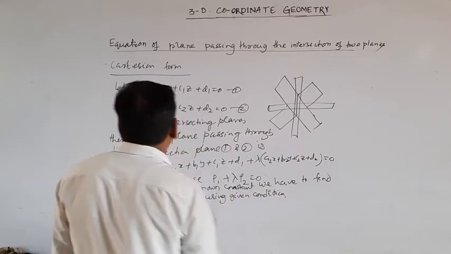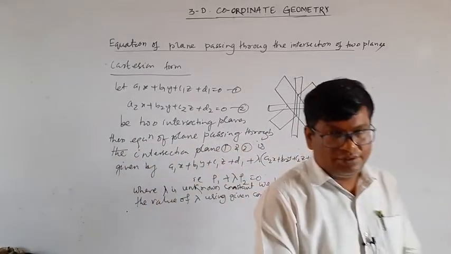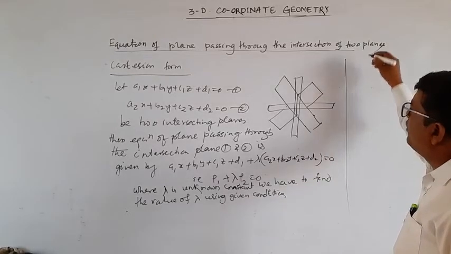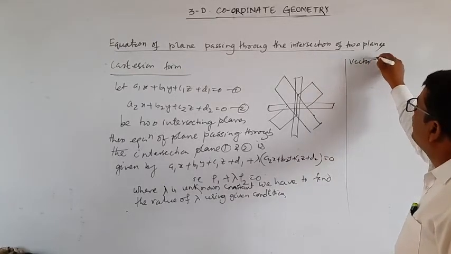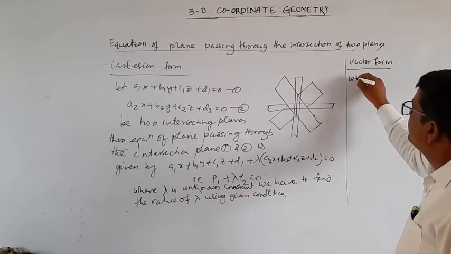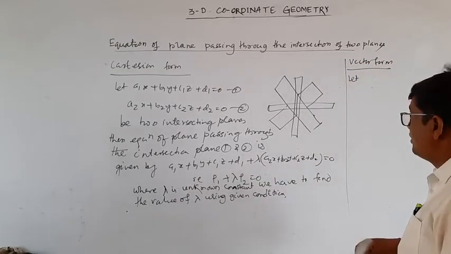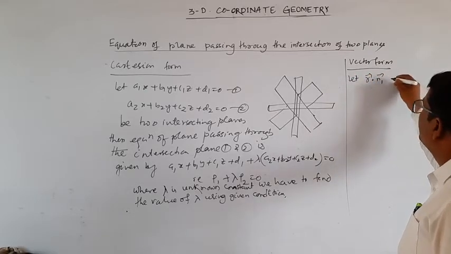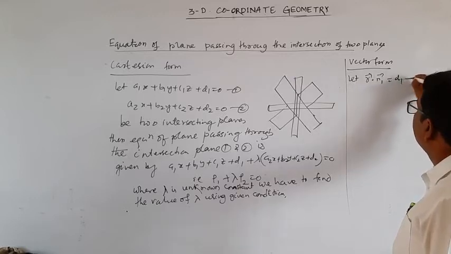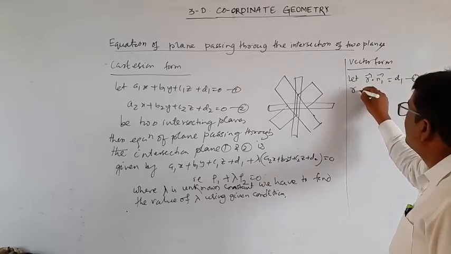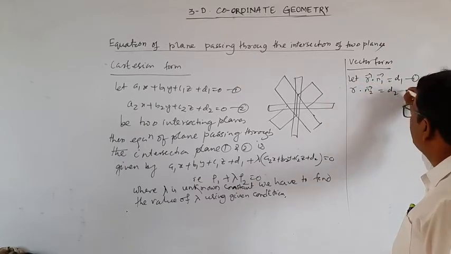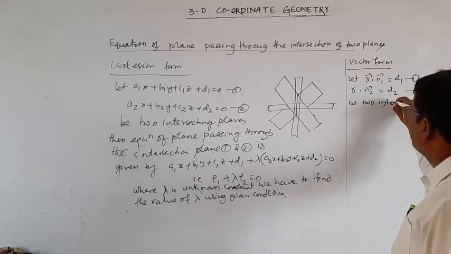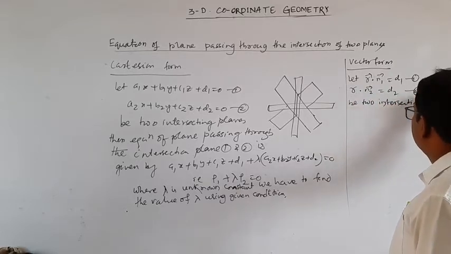This is Cartesian form. Now vector form is: let r dot n1 vector is equal to d1, equation 1. r dot n2 is equal to d2, equation 2, be intersecting planes.